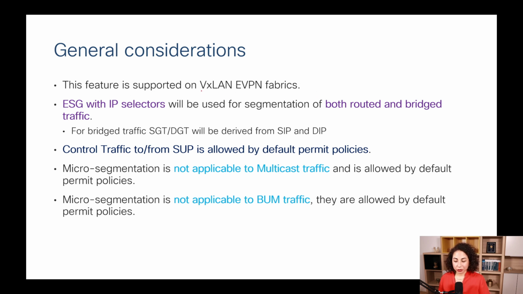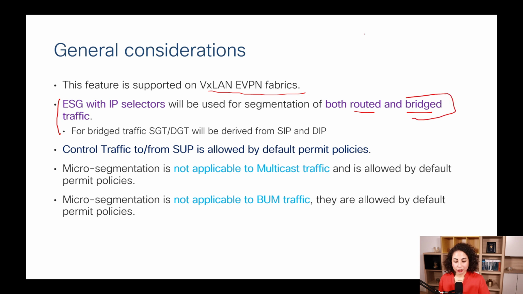This feature is supported on VXLAN EVPN fabrics. It means that if we take Nexus 9Ks outside of a fabric, then we won't be able to enforce micro-segmentation. It's really related to VXLAN EVPN fabrics. Something else that is important is that the ESG with IP selectors will be used for segmentation of both routed and bridge traffic. Actually, the most quote-unquote tricky element to consider is bridge traffic.